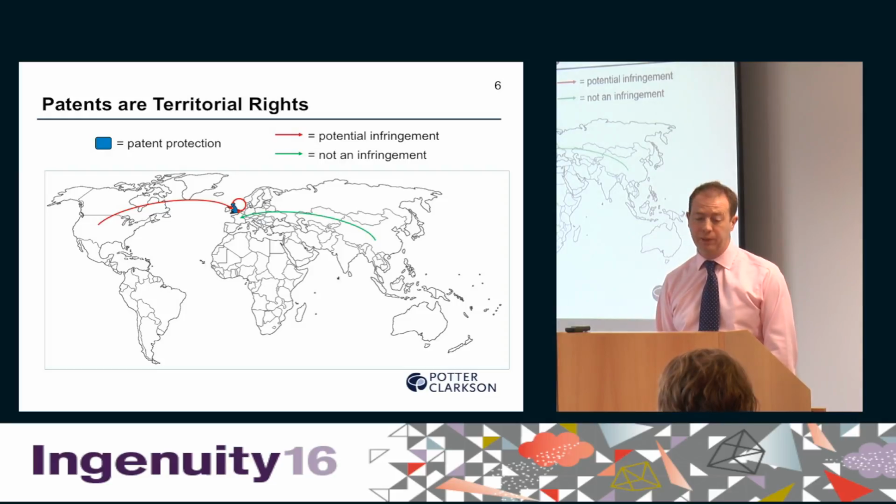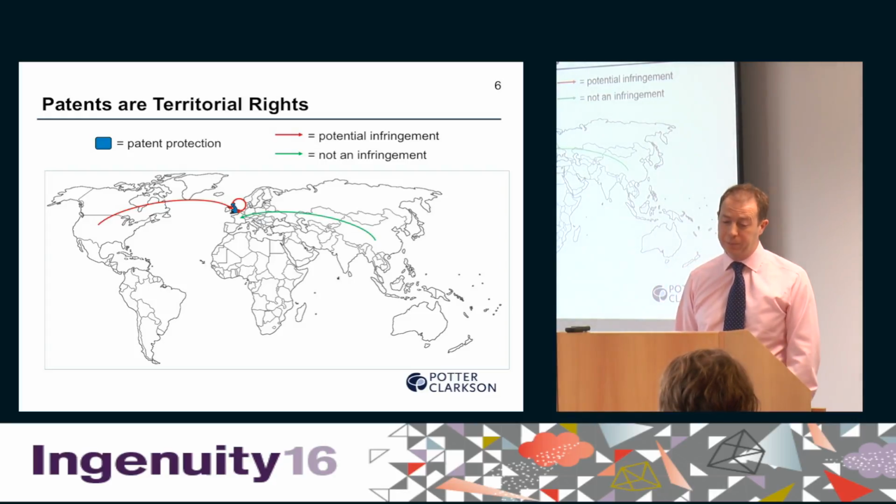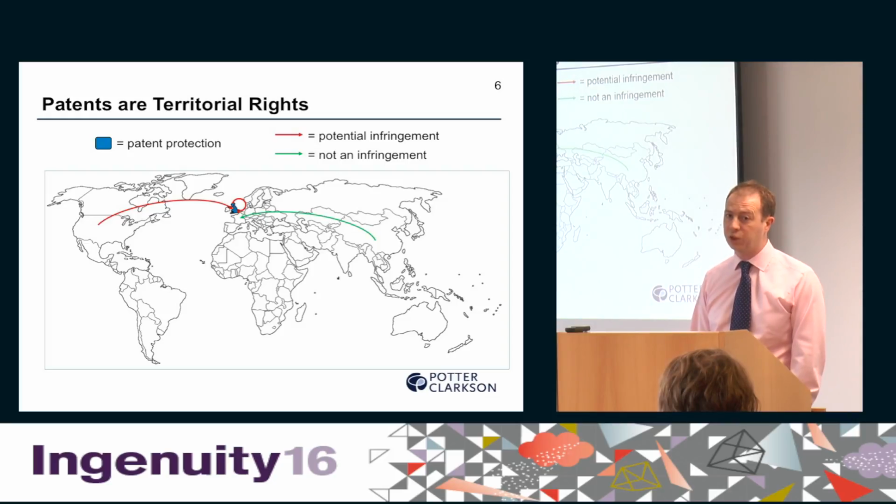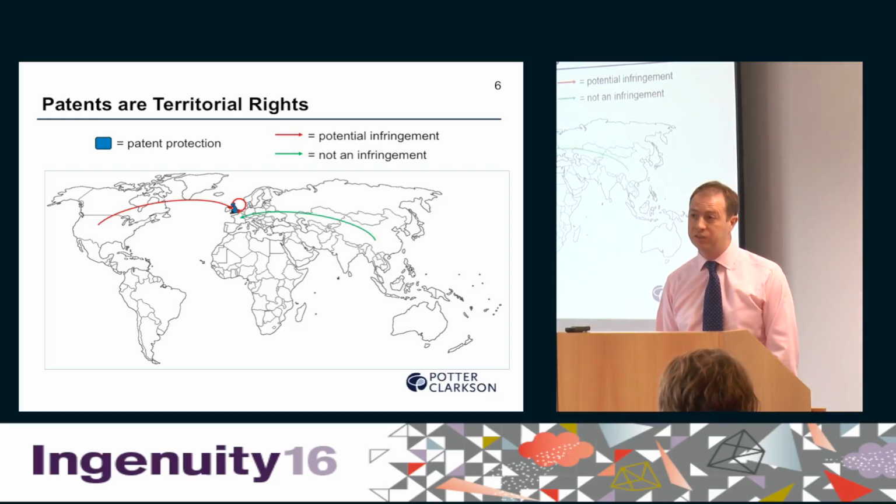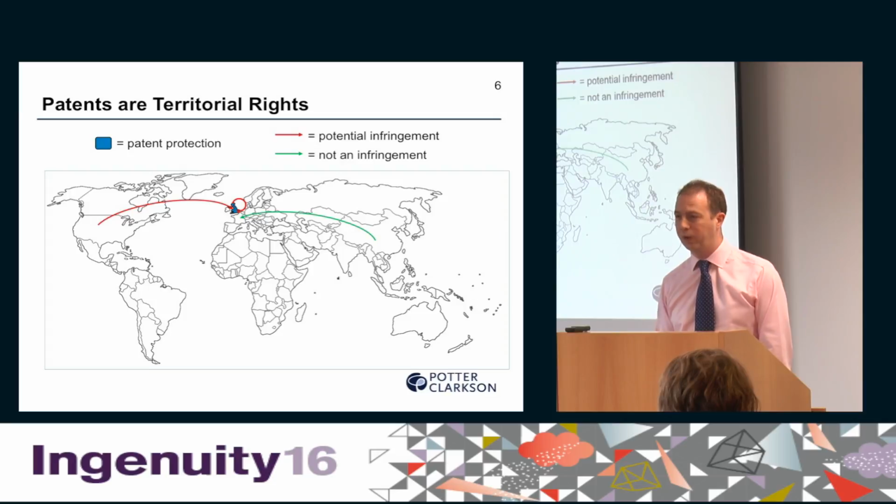Potentially you could stop somebody from manufacturing in the US and shipping into the UK, or importing into the UK, and that's the red arrow crossing the Atlantic. Similarly, if that red arrow was reversed, you could potentially stop people manufacturing in the UK and exporting to the US. But what you can't do with a UK patent, for example, is stop people manufacturing in China and selling in France, or any other combination of countries that doesn't involve the UK.